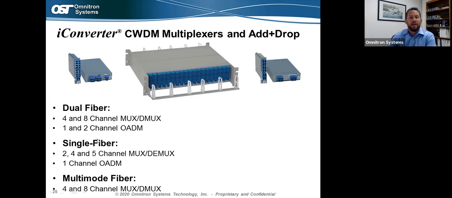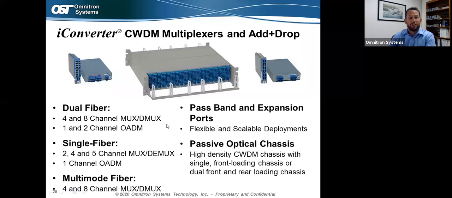On the single fiber, all those wavelengths are going to be cut in half, and so it's going to be either a 2, 4, or 5-channel mux as well as a 1-channel add-drop mux. Omnitron also has multiplexers for multi-mode fiber in the 4 and 8-channel variety. And again, you can get these with those passband or expansion ports to add flexibility and scalability in your deployments.